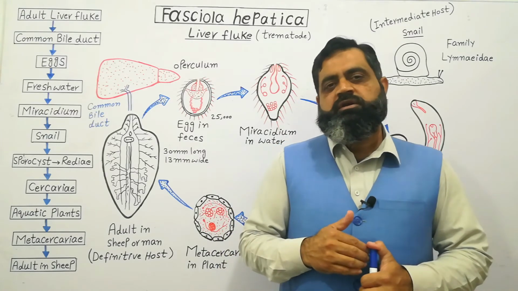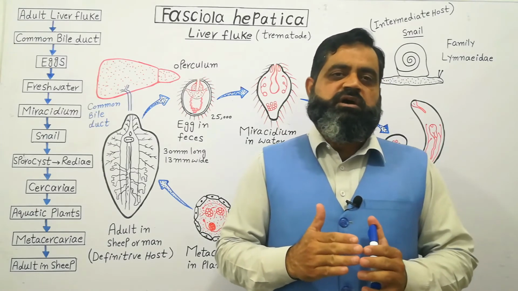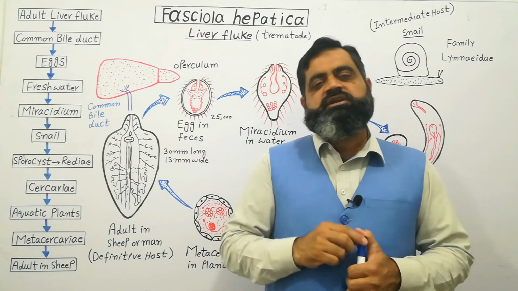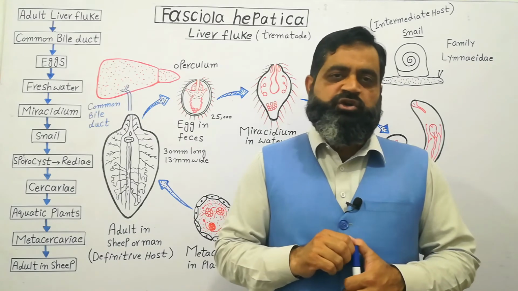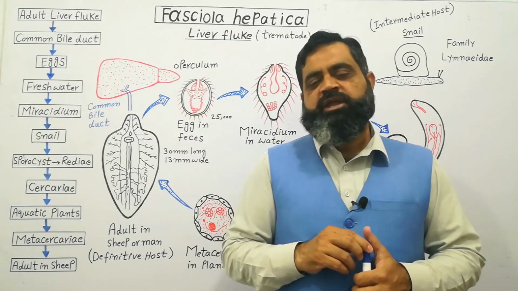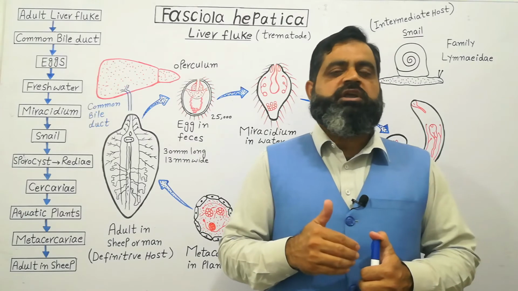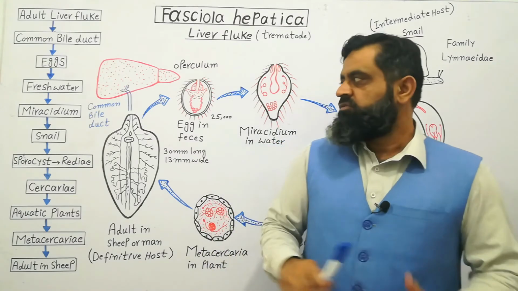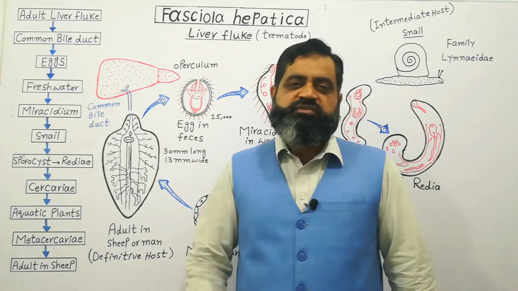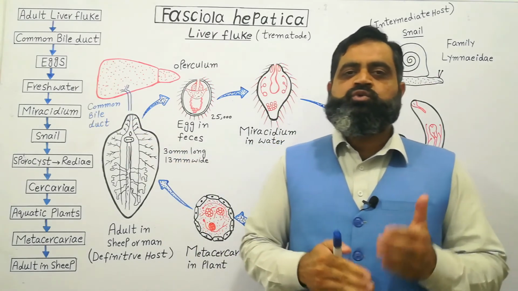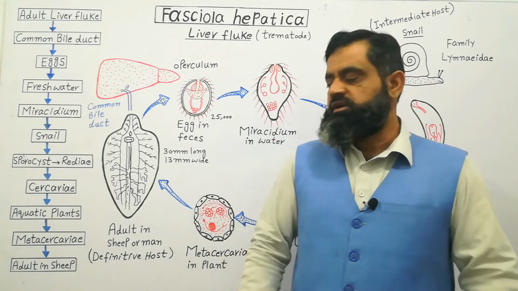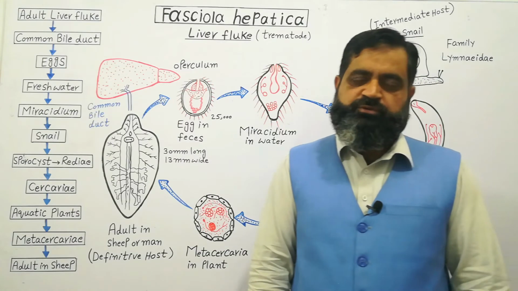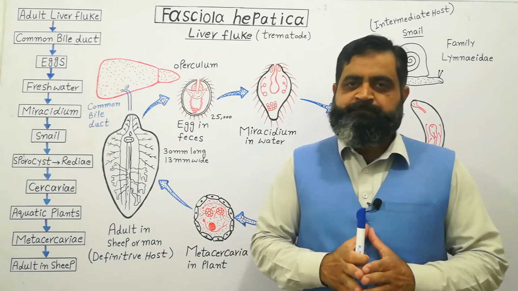From the small intestine this larva emerges from the cyst and makes a hole in the small intestine and reaches the peritoneal cavity, and from the peritoneal cavity it is transported to the bile duct, where it attaches with the help of its suckers and starts to live there. After feeding, it develops into an adult liver fluke or a sheep liver fluke, and the cycle is completed.